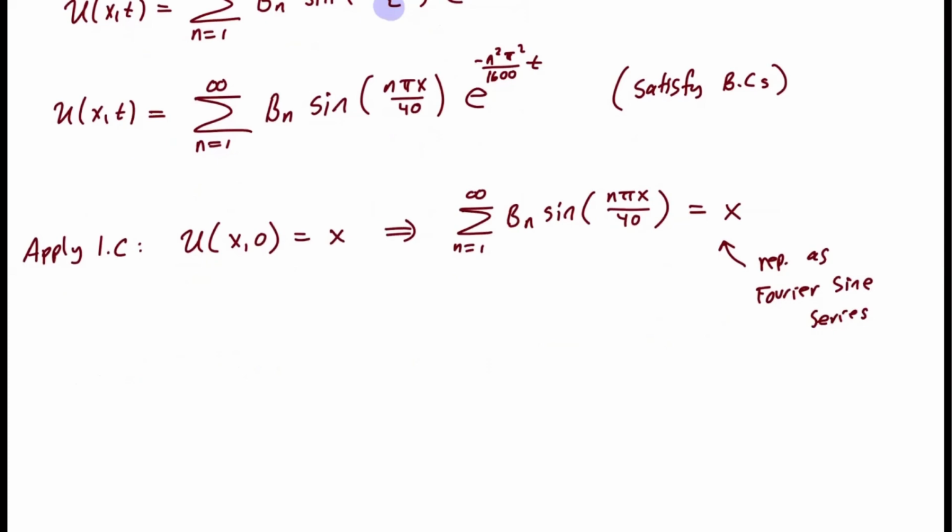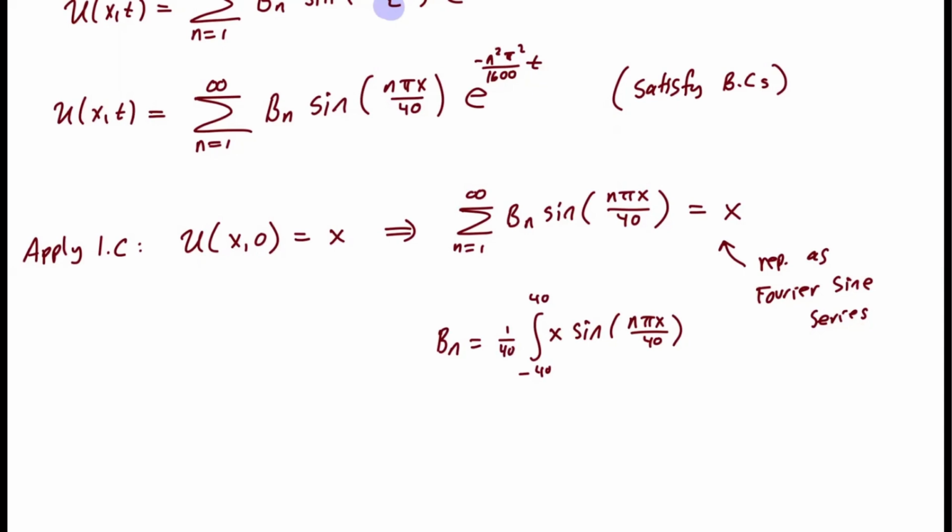So we know that bn is going to be determined by simply doing 1 over L, the integral from negative L to L of that function f(x), which is x here, times sine of n pi x over L, where L is 40. Of course, you could put here 40 and negative 40, and here we're also going to substitute 40 as well.